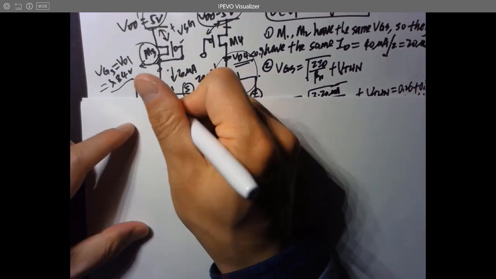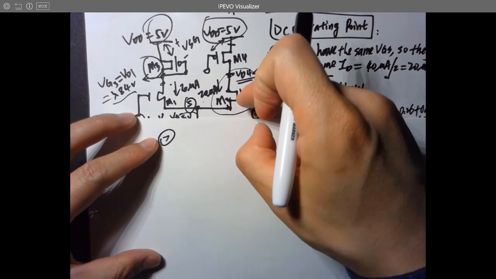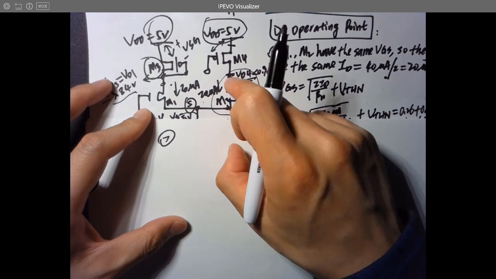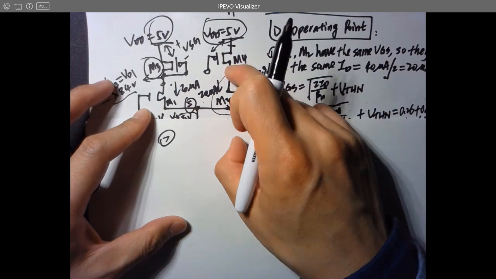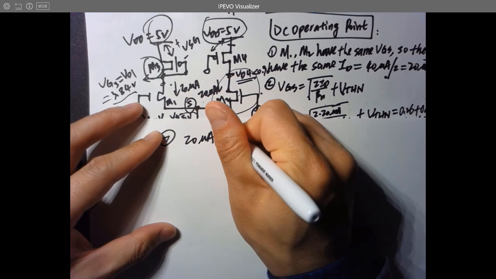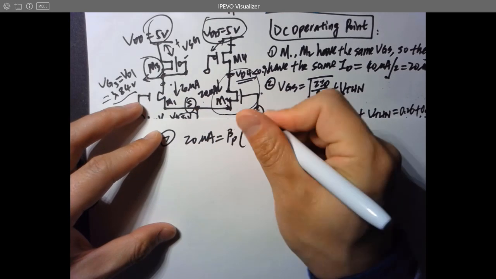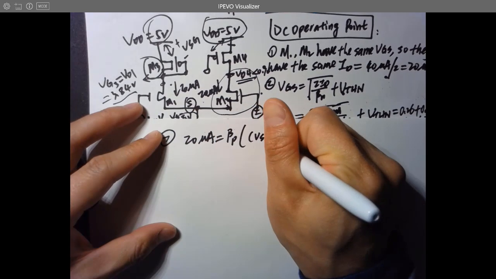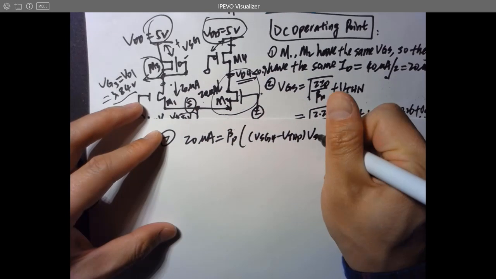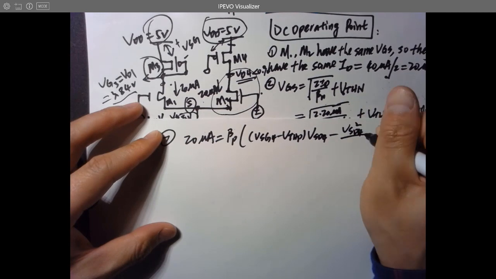So the equation is: ID, because it's 20 microamps on the two branches, so this one is 20 microamps as well. It's going to be 20 microamps equals beta P times (VSG4 minus VTHP) times VSD4. Don't forget this term: minus VSD4 square over 2.